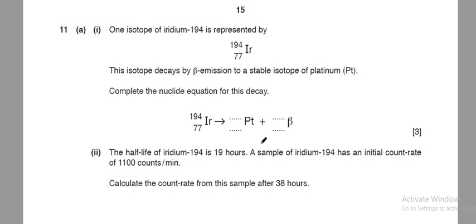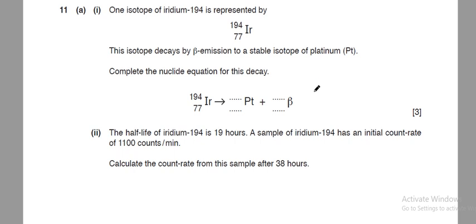Isotope of iridium 194 decays by beta emission to platinum. Complete the nuclide equation. We know that in beta decay, a neutron is transformed to a proton and a beta particle.